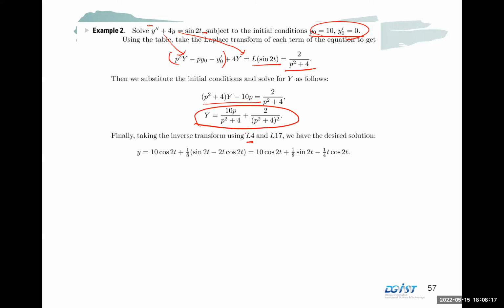And if we take the inverse transform by the table, the small y must be, this one is corresponding to here, this one is corresponding to here, and this form. Okay.